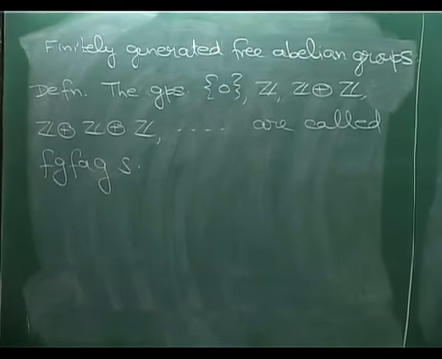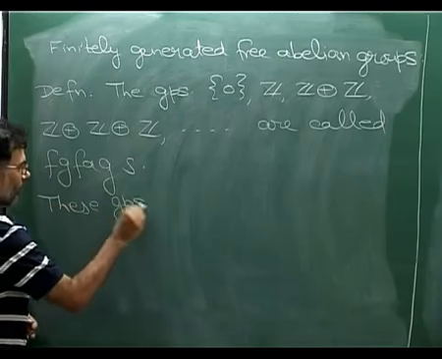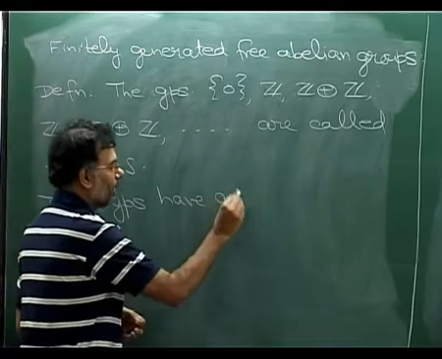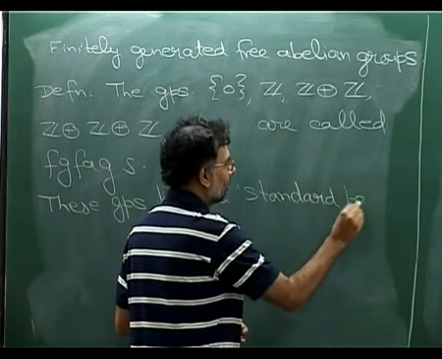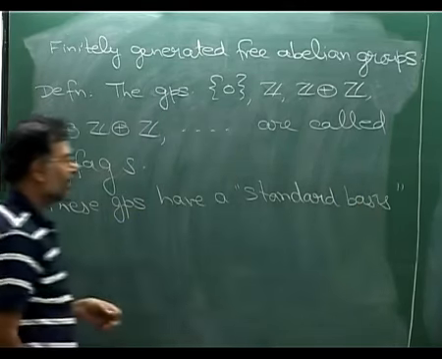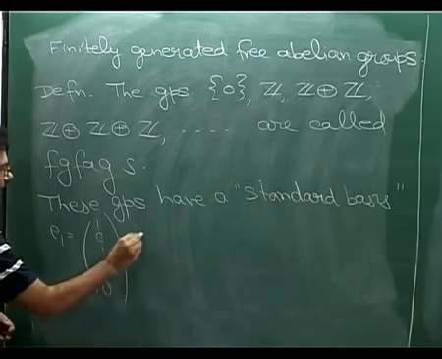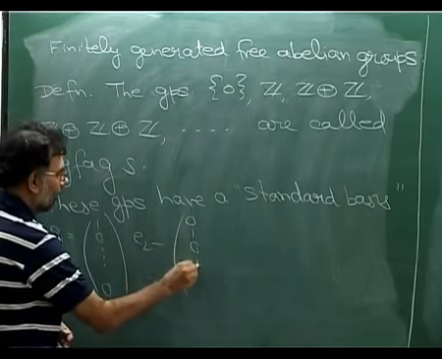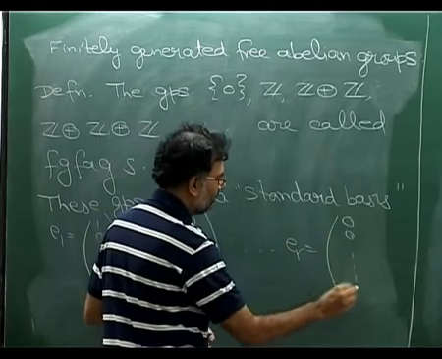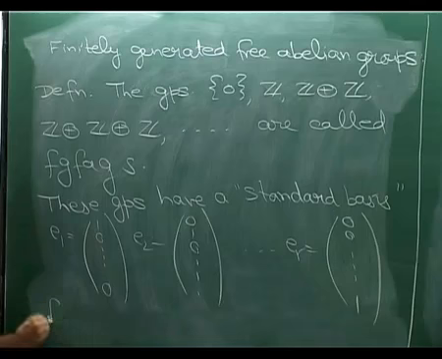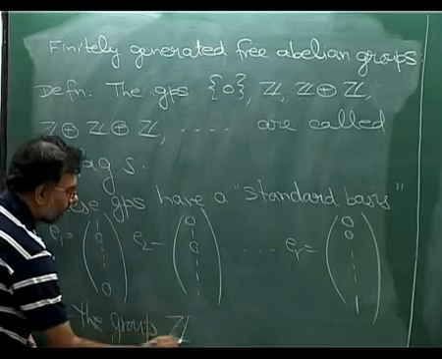Okay. So as I said, these are finitely generated and they have something called a standard basis. So these groups have, I'll put it within quotes, standard basis. Standard basis is E1, which is (1,0,0,...,0), E2, (0,1,0,...,0), up to ER, (0,0,...,1), for the group Z^R.